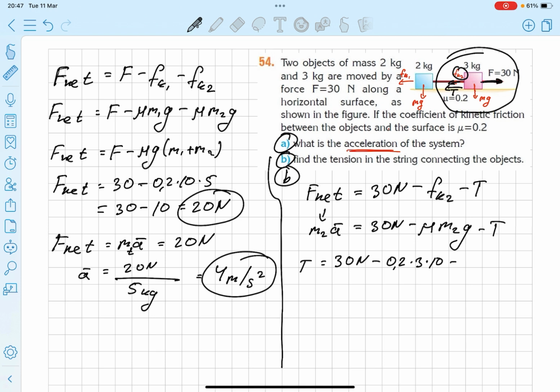Yeah, m2 is 3 times, the acceleration is 4, we defined it here. So the tension will be equal to 30 minus 6 minus 12. 30 minus 18, which is equal to 12 newtons of tension.